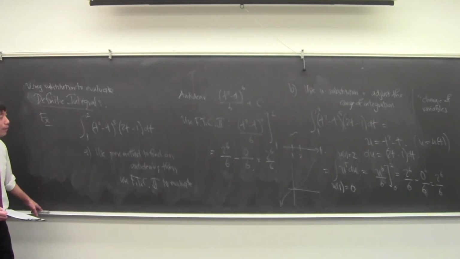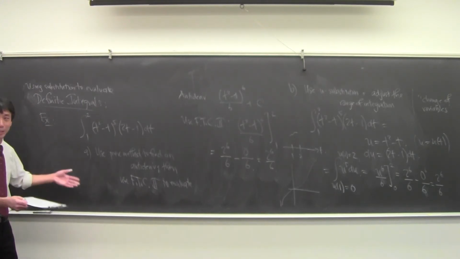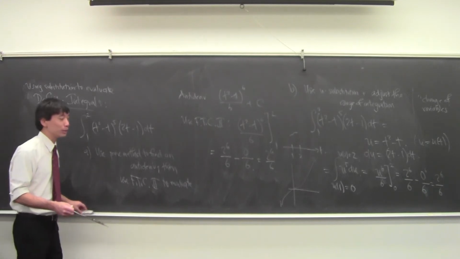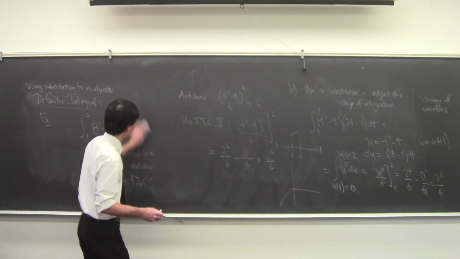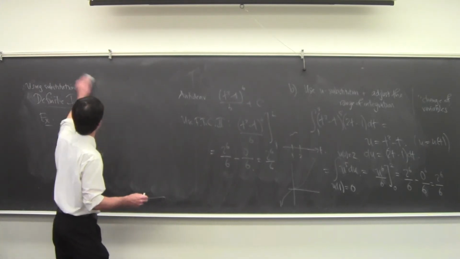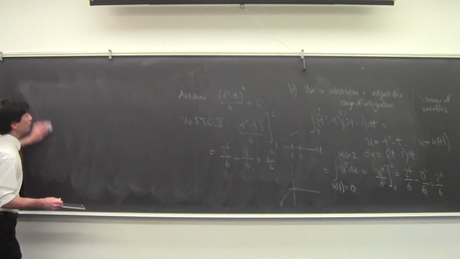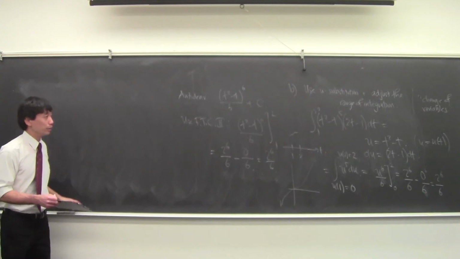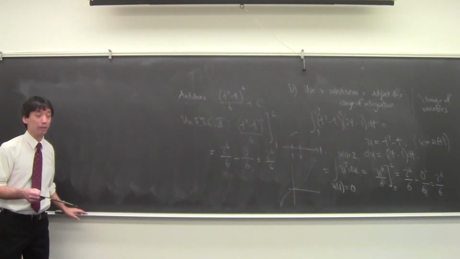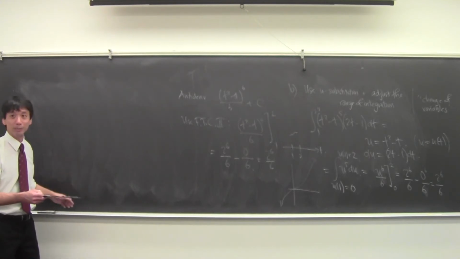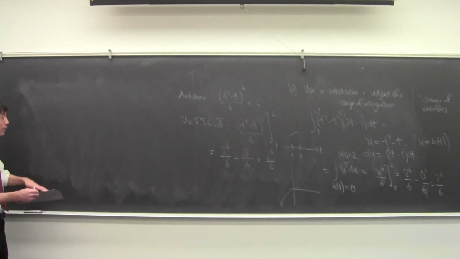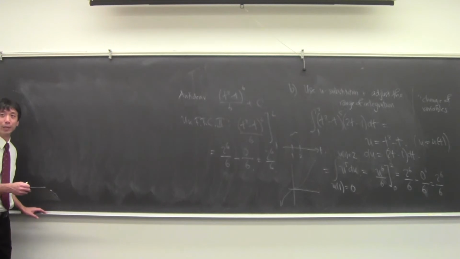Not really. Whichever you feel more comfortable with, unless I say please do it this way, because you should be able to do it both ways. And you'll see more advanced versions of this in Calc 3, where you definitely do want to switch completely into the new variables.